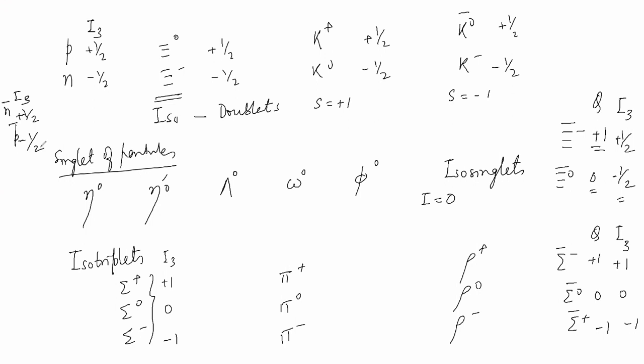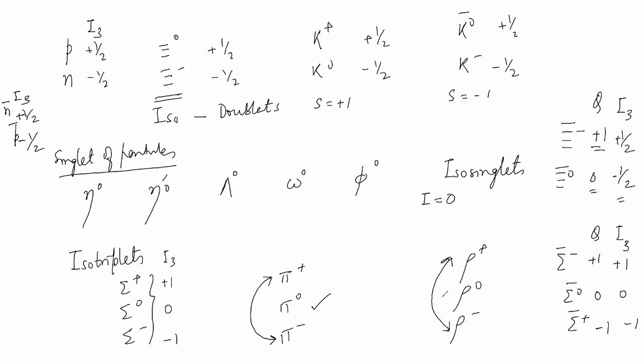Okay. But in the case of mesons, they don't have lepton number or baryon quantum numbers. Therefore, the antiparticle of pi plus is pi minus, and for rho plus the antiparticle is rho minus.